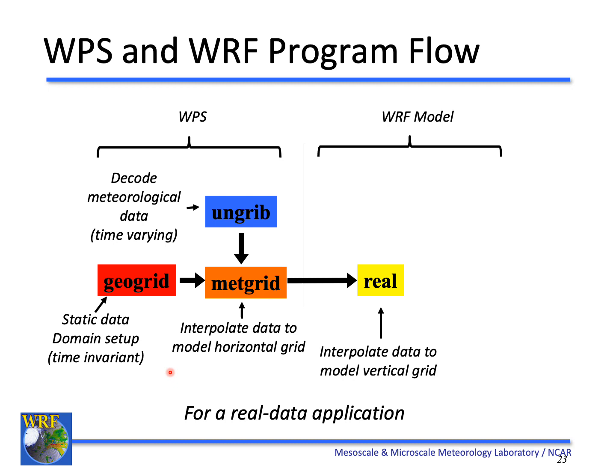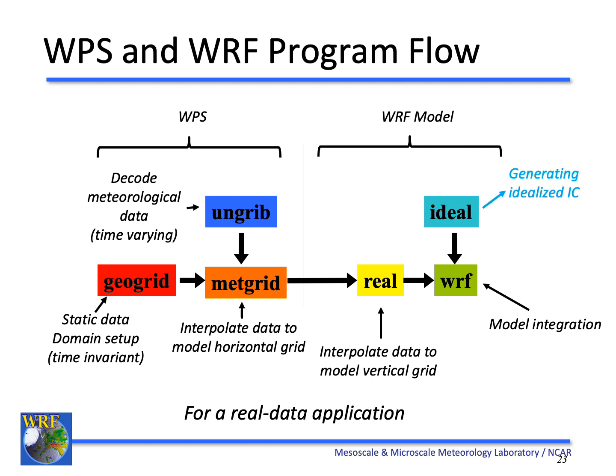The data from REAL is the input to the WRF model. This is a typical data flow for a real data application of the model. The model can also be run with an idealized initial state, and this is done via program ideal.exe.